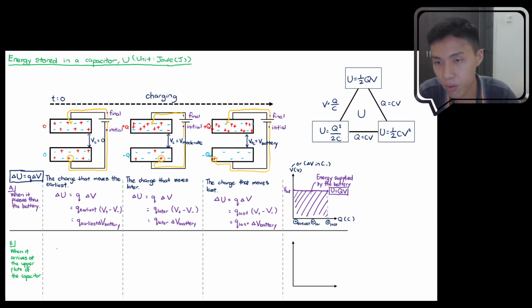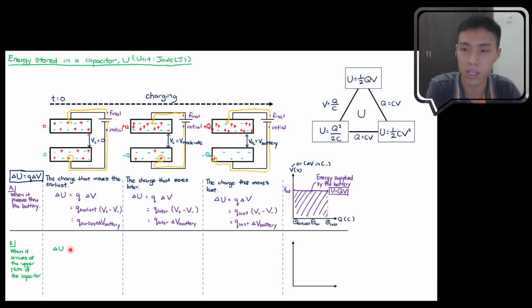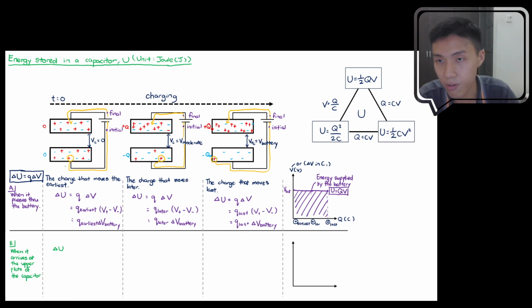Okay, so right now we are studying the change in electric potential energy when the charge moves from here, the lower plate, up until you reach the final plate. So right now the initial and final positions are a bit different. This is our initial position when it just comes up from the lower plate, whereas this position here will be the final position when it arrives at the upper plate.